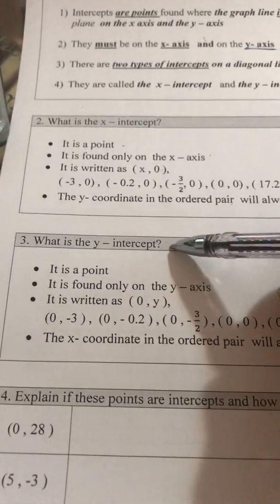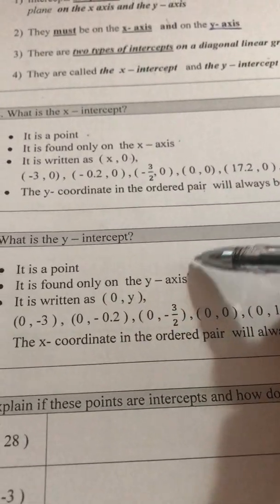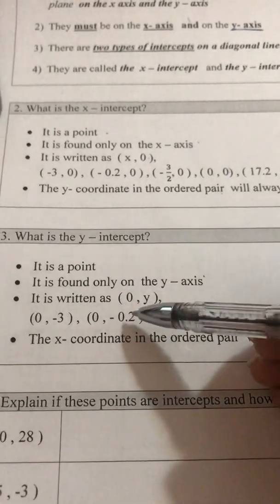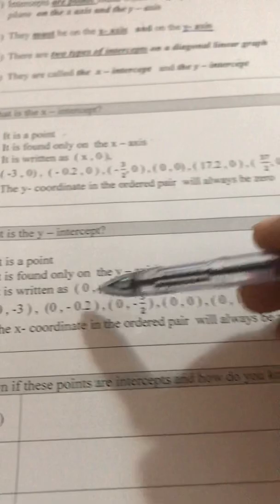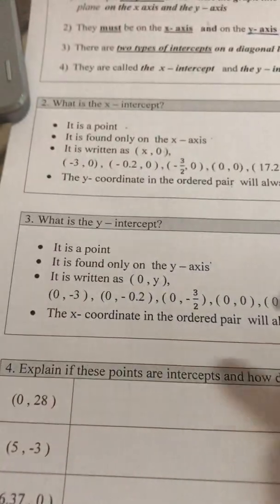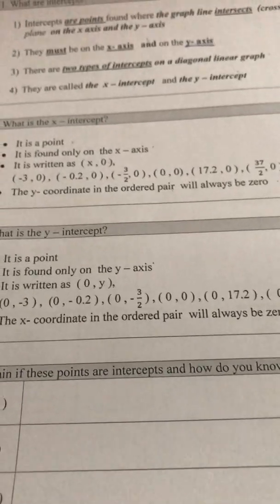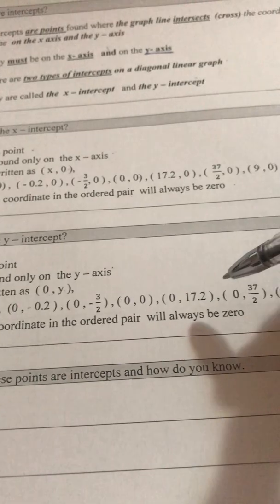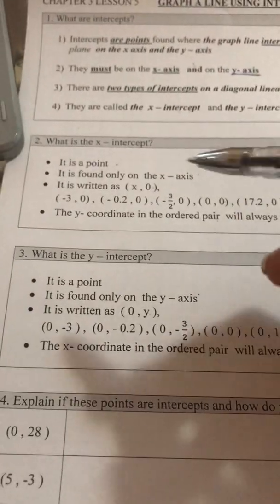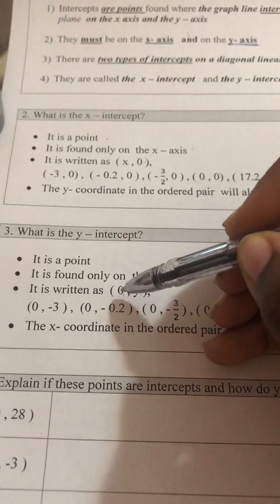What is the y-intercept? It is a point. We found out. Where do you find it? On the y-axis. How is it written? (0, y), 0 and a number. And here are examples. We've written them. y can be a fraction, a decimal, an integer, all these good things. The x-coordinate of the ordered pair will always be 0. The first number will always be 0.